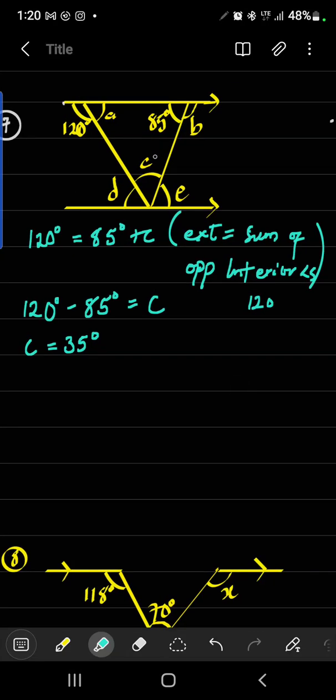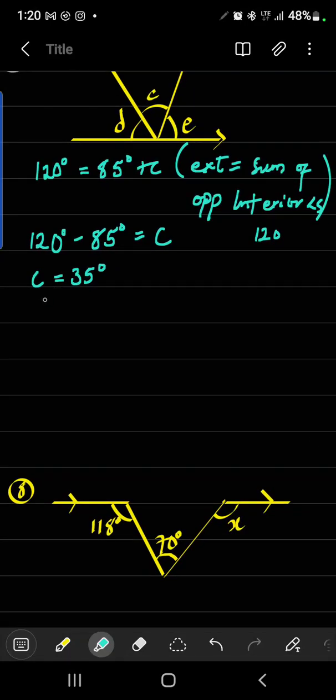So now, since you've gotten angle C to be 35 degrees, you can get A. Why? Sum of angles in a triangle, that is C plus A plus 85, should give you 180 degrees.